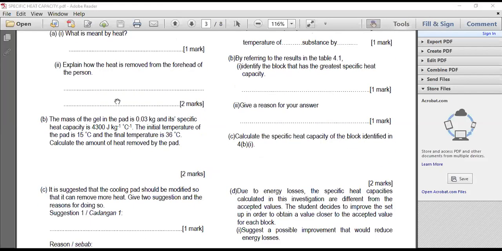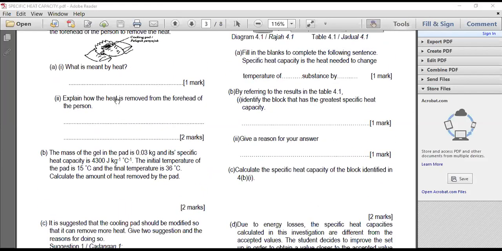Next, the mass of the gel in the pad is 0.03, specific heat capacity 4,300, and initial temperature is 15. Calculate the amount of heat. For this one just use Q equals mc theta.